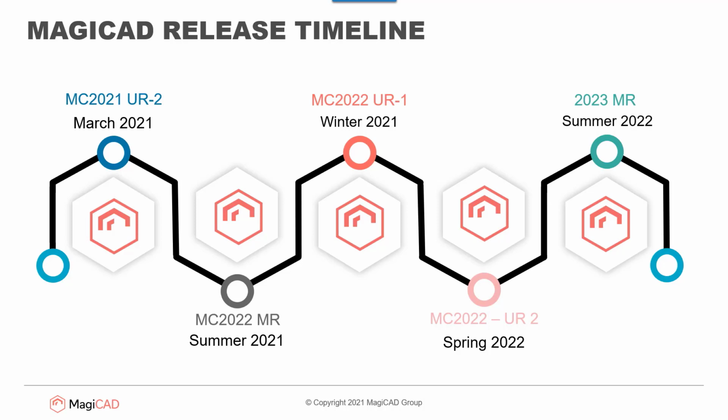Then throughout that year period, we then have an update release 1 and an update release 2, which entails any new functions or any new improvements in any of the tools that we already have. So it's just to keep an eye out for them, and they usually release within summer, winter and spring, but these are approximate dates, so these can change.